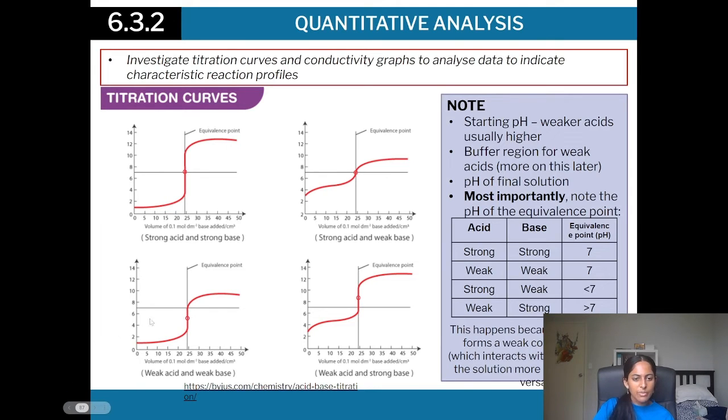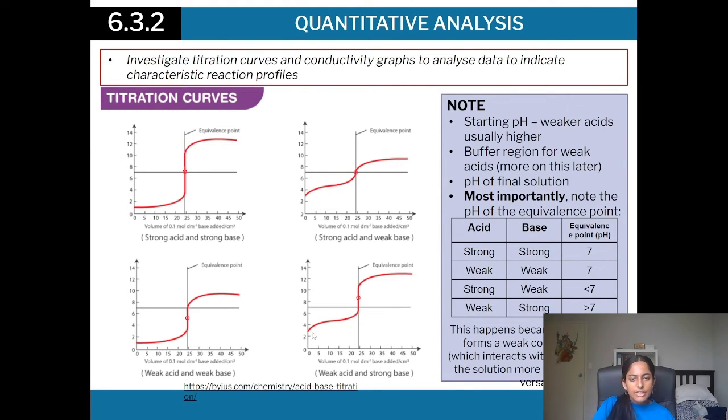So you can see here that in a weak acid, pH is going to be low, and eventually it would increase due to the addition of base, but you can see here that it's not increasing as much over here, and that's because you have a buffer region. Once that buffer is broken, it keeps on increasing and it shoots up and then eventually stabilizes. And you can see here that it's not increasing as much because you also have a buffer region occurring over here, because you have both a weak acid and a weak base, so therefore there's going to be buffers.